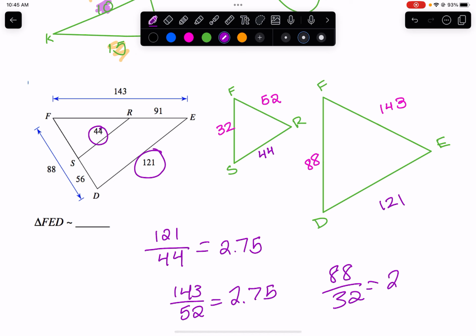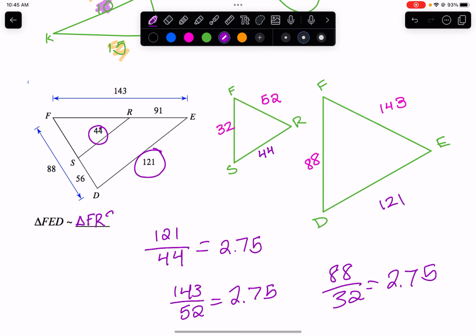And this gives me 2.75. So these are similar triangles. So FE matches with FR, and then we have S.